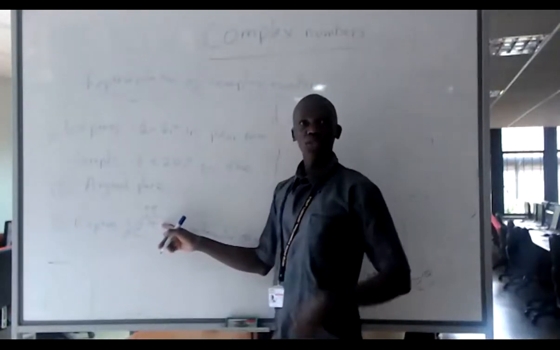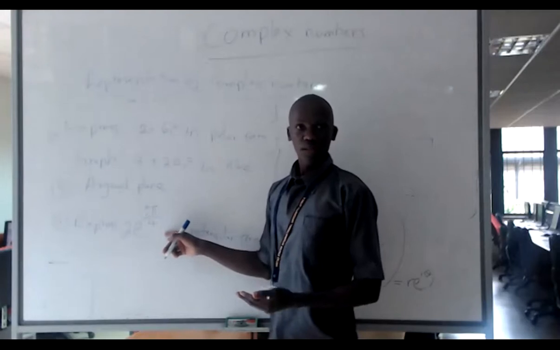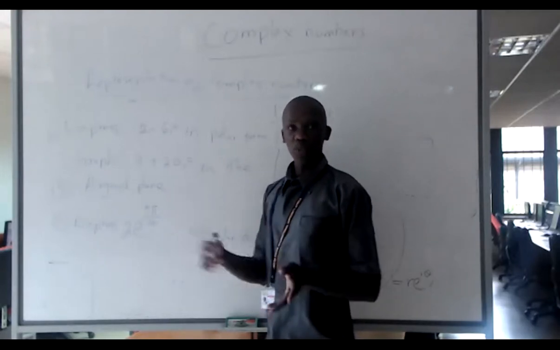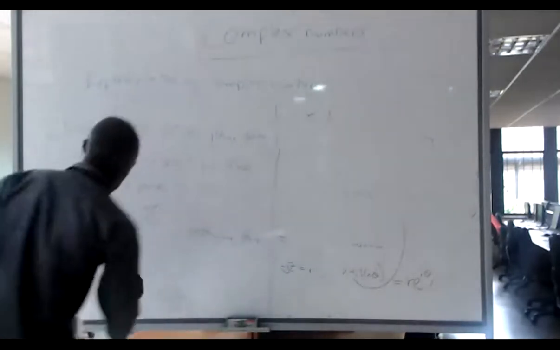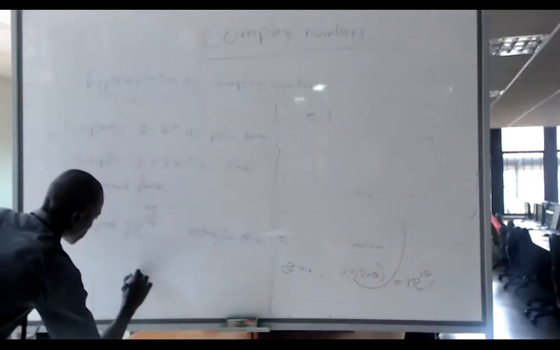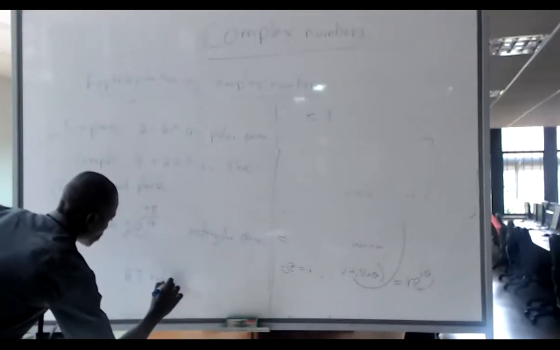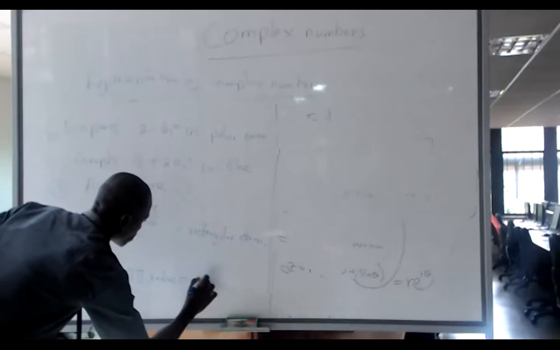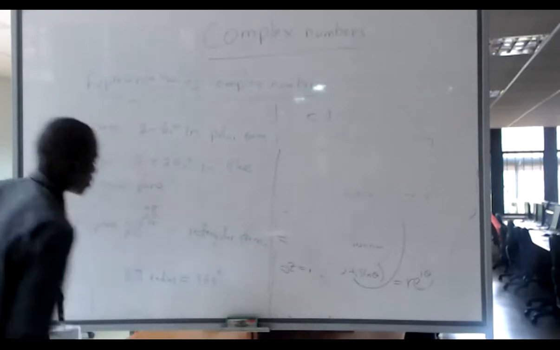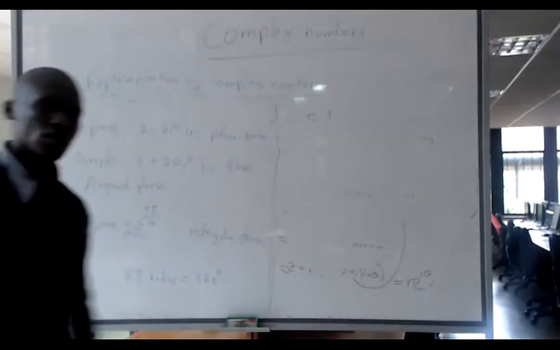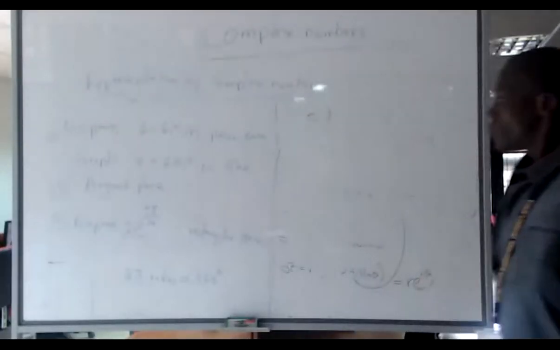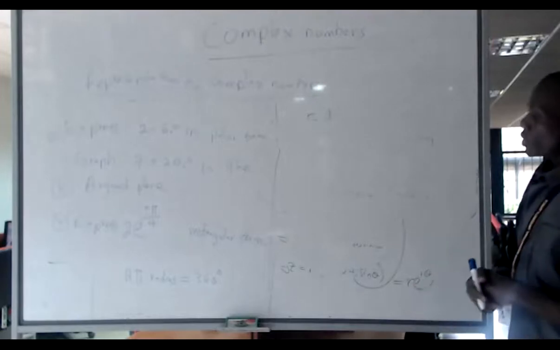You can express angles in degrees or in radians. I hope you know how to move back and forth. You know that 2 pi radians is the same as 360 degrees. So angles can be given in radians or in degrees, depending on whatever you're doing.